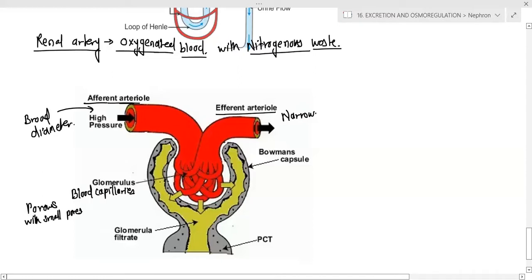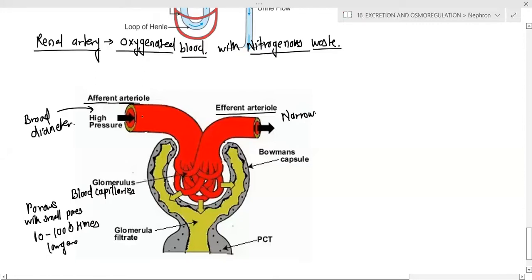But when I talk about the glomerular capillaries, the pore size is very large compared to normal capillaries. The pore size is 10 to 1000 times larger. Understanding? This is one thing.